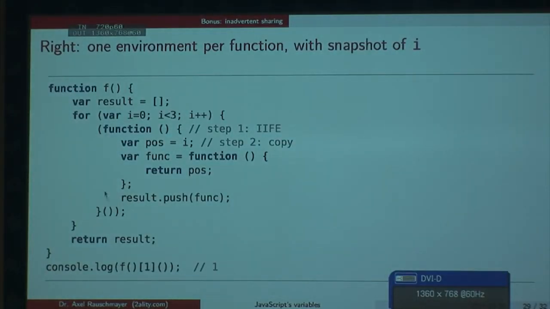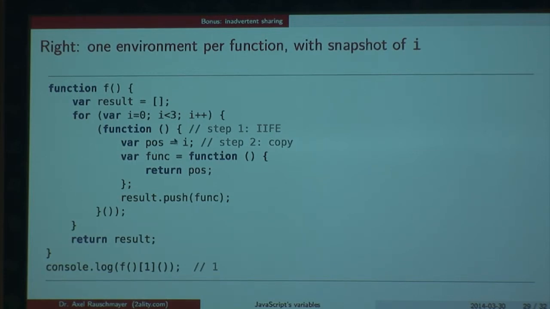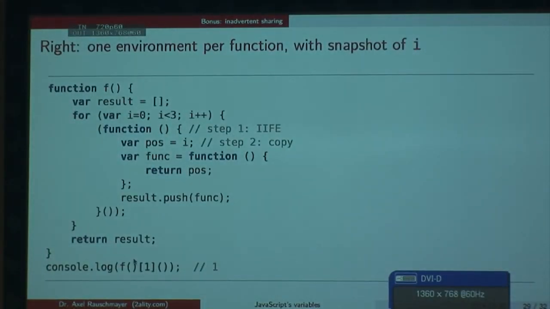So you create a fresh environment for each function, and you put i in, and this is a copy for this one loop iteration. Each function has its own copy, and sharing doesn't occur, and that's what we want.